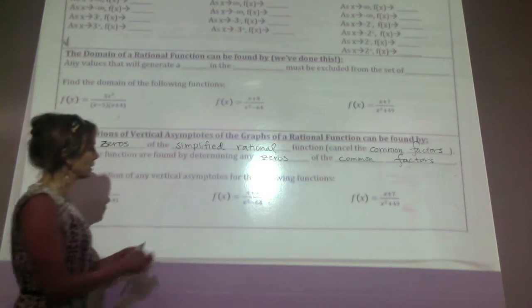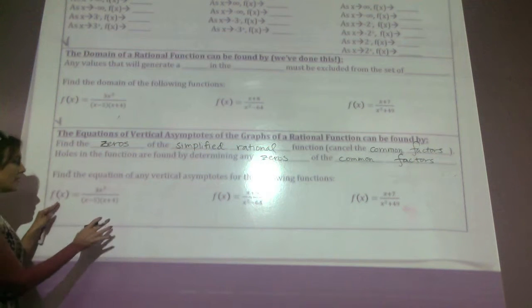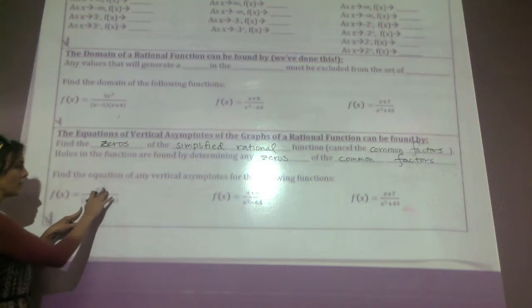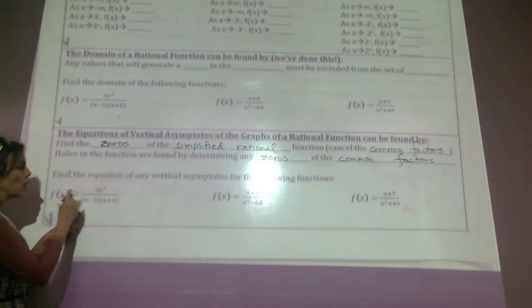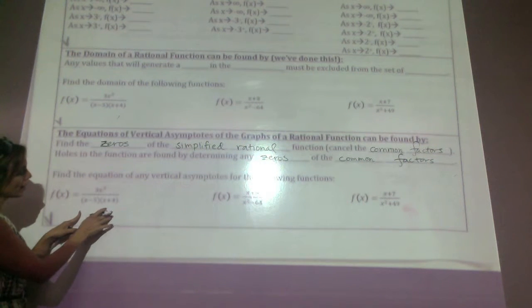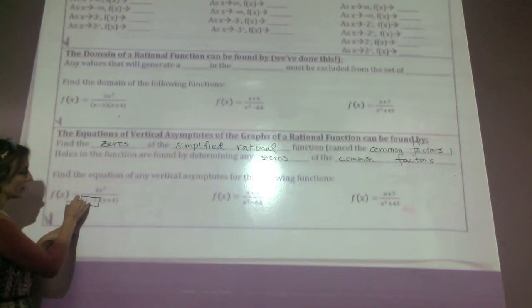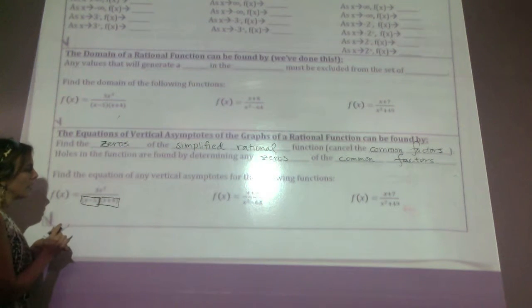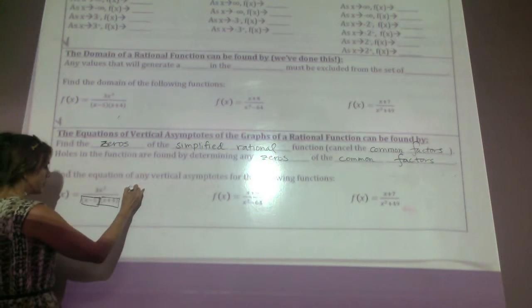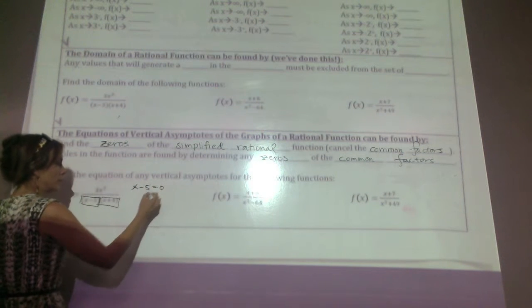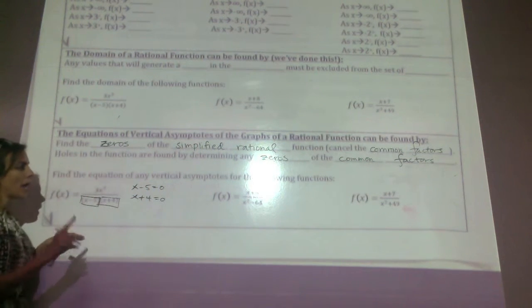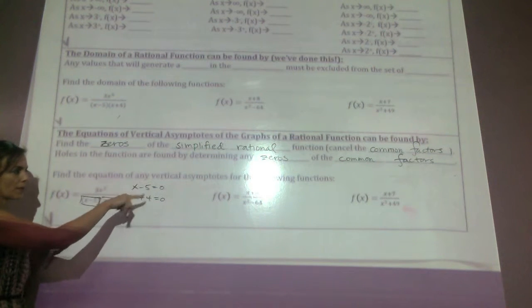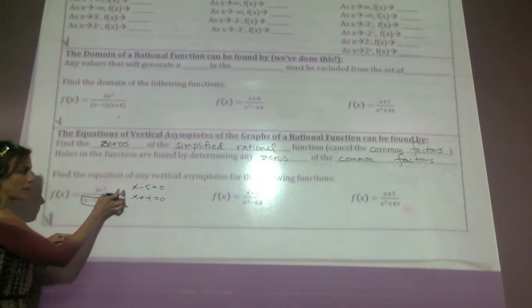All right, so let's take a look. We've already kind of done this. We do know that 3x squared divided by x minus 5 times x plus 4, we said that the domain, we can look at this and then we can look at this, and we can set both of them equal to 0. Okay, and one thing that you want to be sure of is that this is not represented on the top here as well.